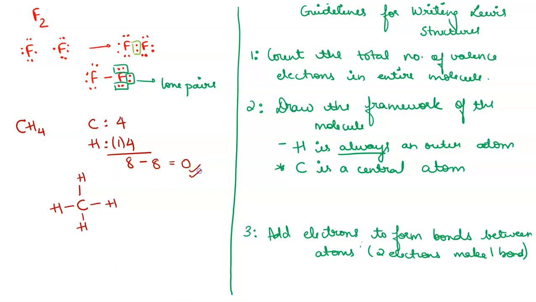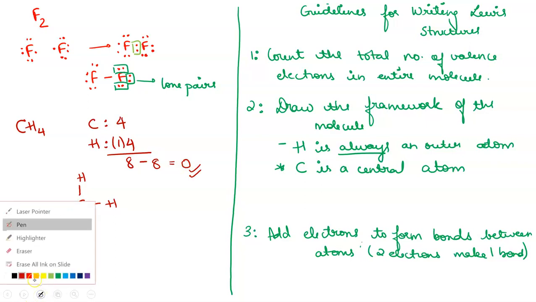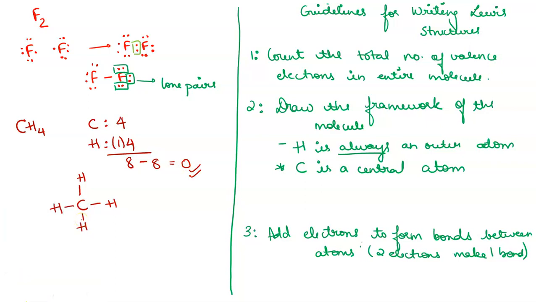And this is looking pretty good. So that means I've used all of my valence electrons that were available to me. I have nothing left over. Okay? So after you've done this, after your number has come down to 0, you're going to go back to your molecule and you're going to double check to see if all of your atoms have a complete octet.